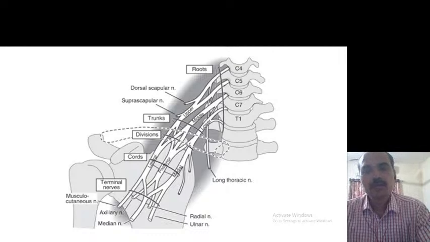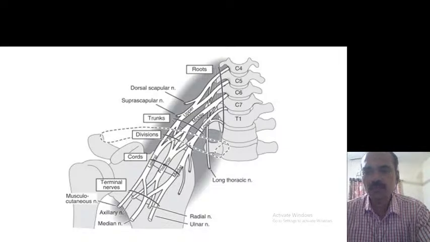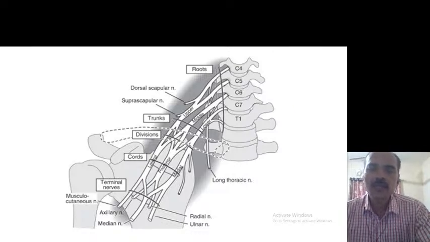Now there are other deeper muscles also. There are superficial muscles at the gluteal region and deeper muscles like piriformis, obturator internus, obturator externus and the two gemelli. They have their respective nerve supply.